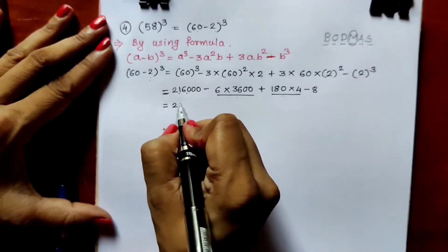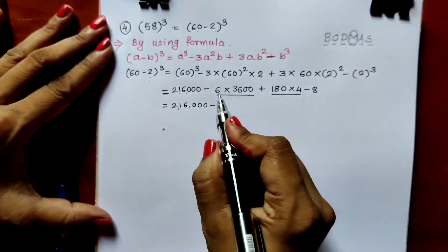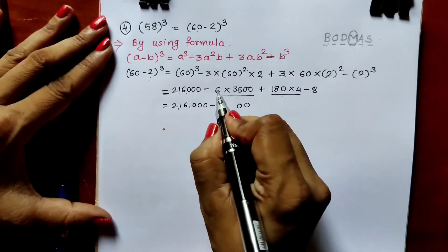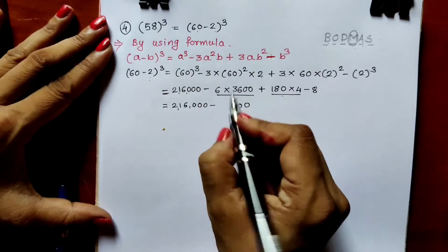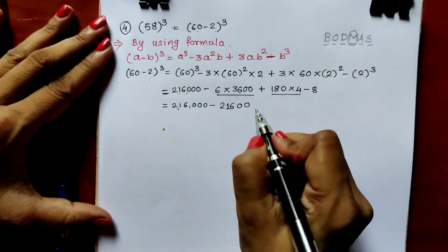First we will be writing 2,16,000 as it is. Now solve this multiplication. 6 zeros are 0, 6 zeros are 0, 6 6s are 36, 3 carrying, 6 3s are 18, 18 plus 3 is 21, 21,600.